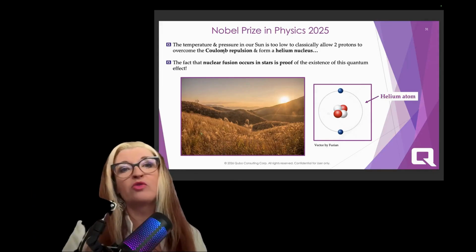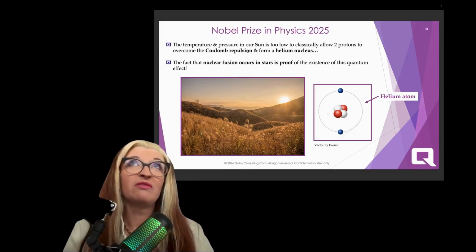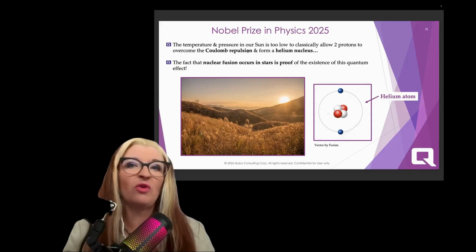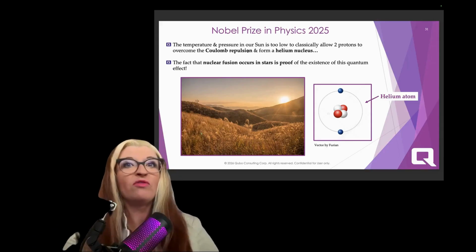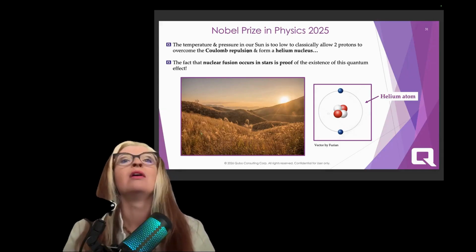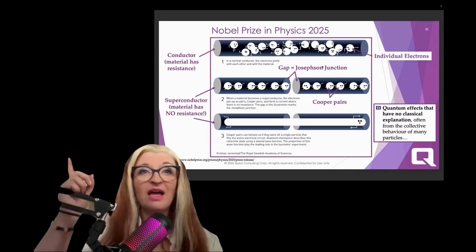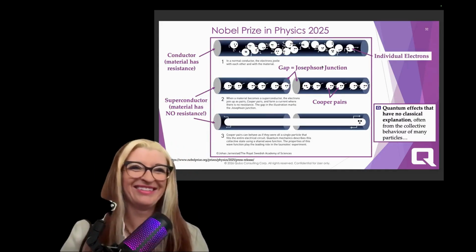This is all part of this Coulomb repulsion. And so if those protons are able to get over that potential barrier that they shouldn't have enough energy to get over, that is proof of quantum tunneling. So go look at the sun and you see it.